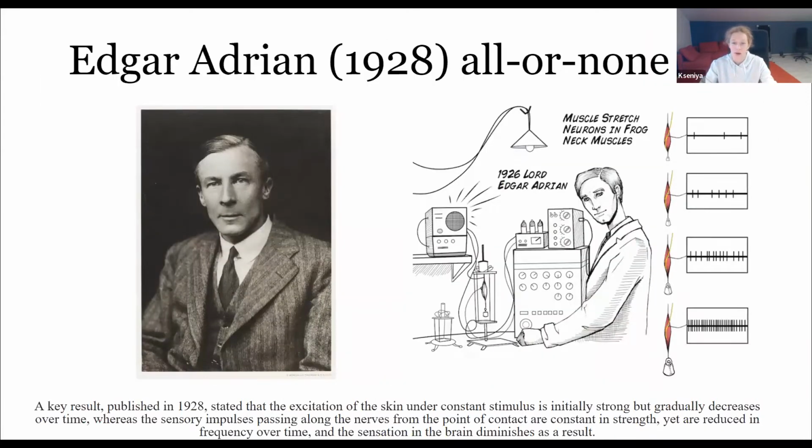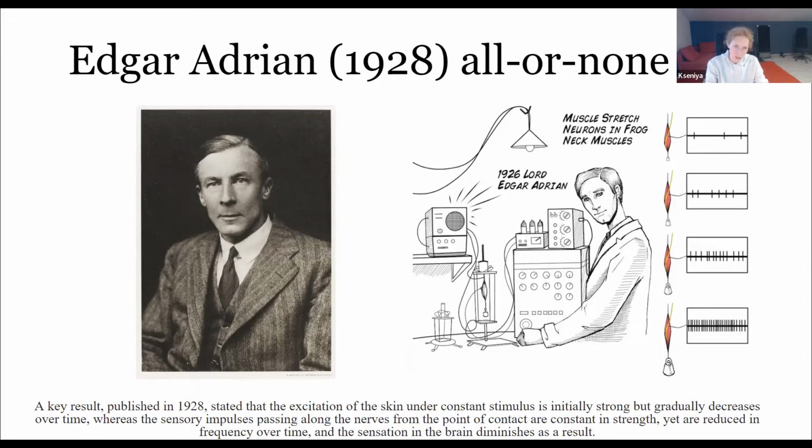The next major milestone in understanding the work of neurons was the work of Sir Edgar Adrian. Sir Adrian's key result is the all-or-nothing principle. In 1928, he conducted experiments to measure the electrical signal of neural cells caused by a physical stimulus.